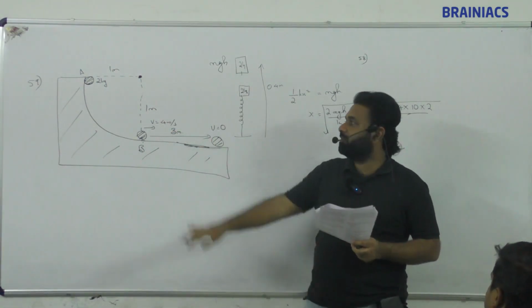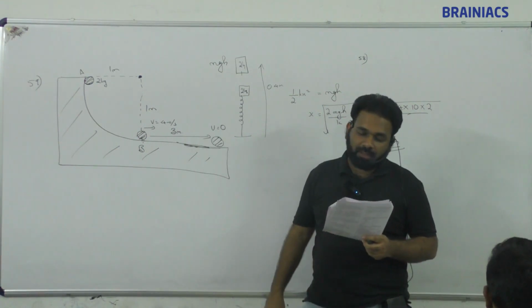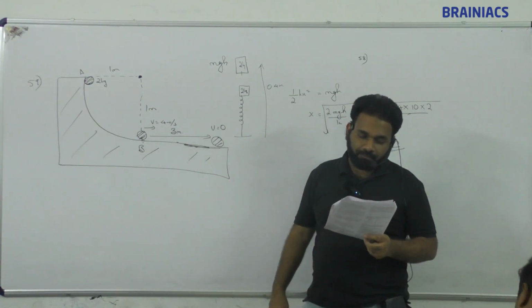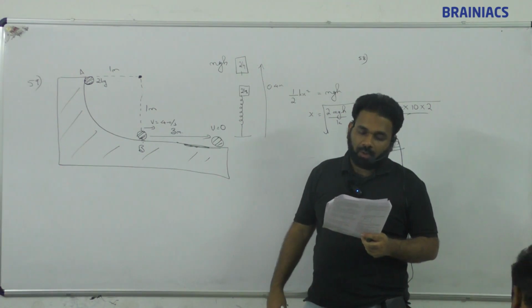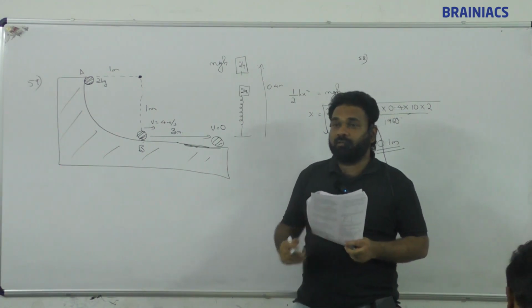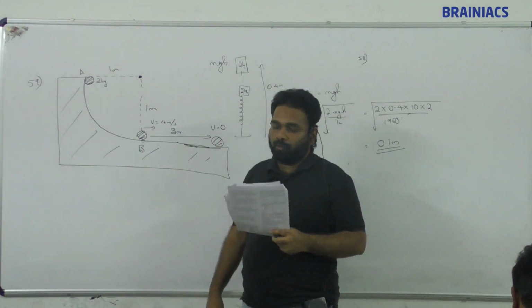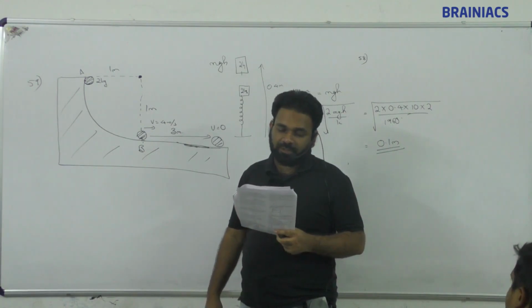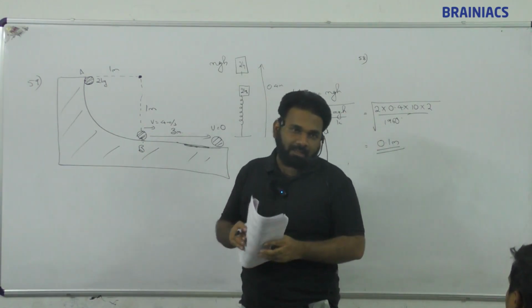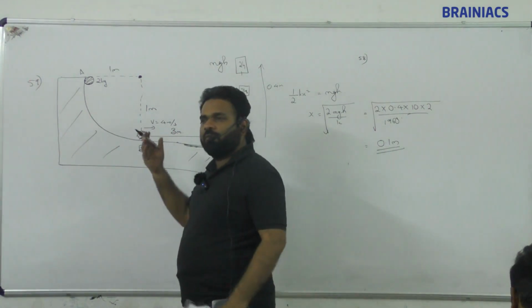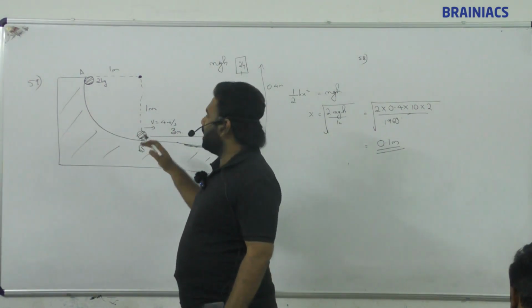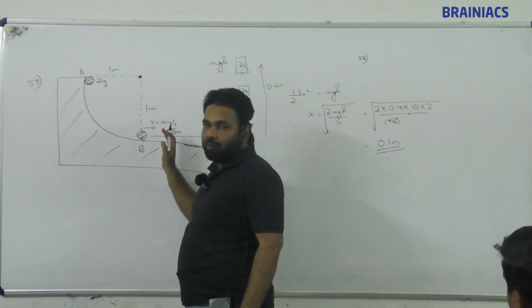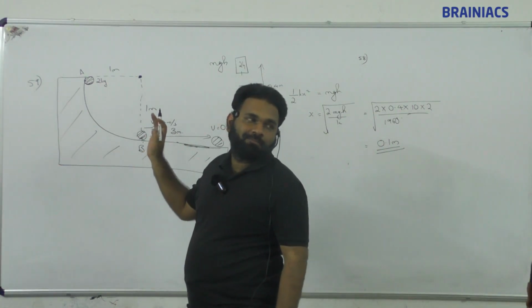Clear? First, initially it has a potential energy mgh. Total potential energy goes against friction here. The thing is, the coefficient of friction is not given, so whatever we do with mu, mg and all, we are not going to get the answer.